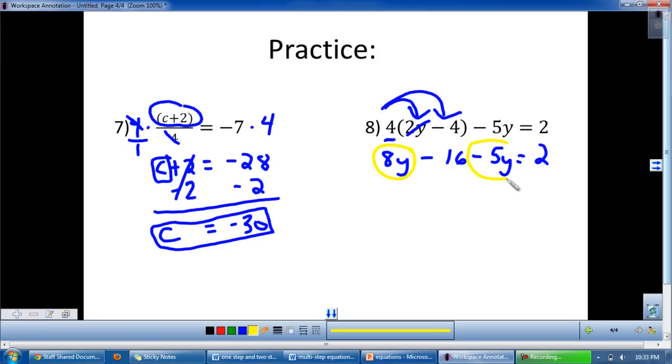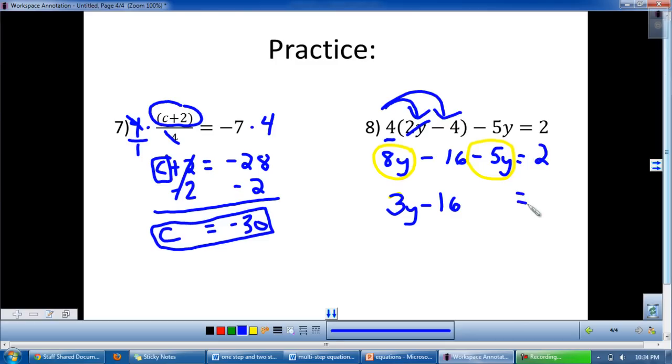You have to take the sign that's in front of the term, or else you're going to get the incorrect answer. 8y combined with negative 5y, that is, oh, forgot to change the color back, 3y. There's nothing to combine with this number, so we're just going to drop it down, and we have minus 16.